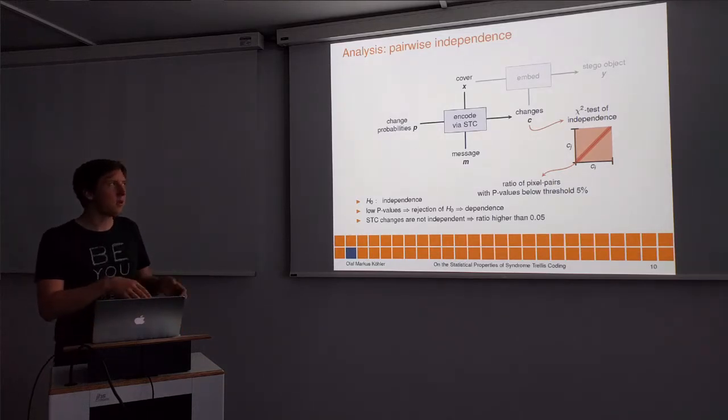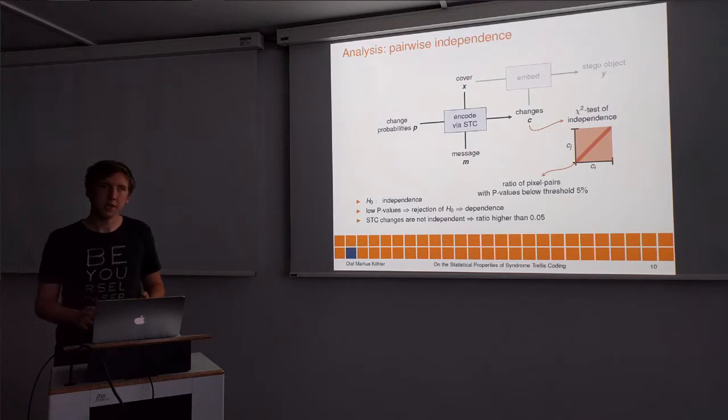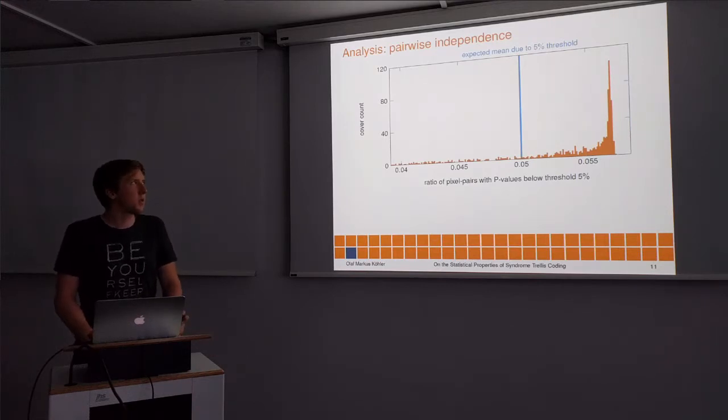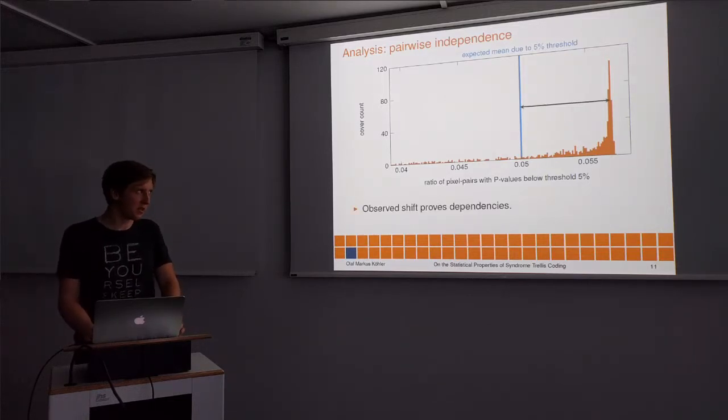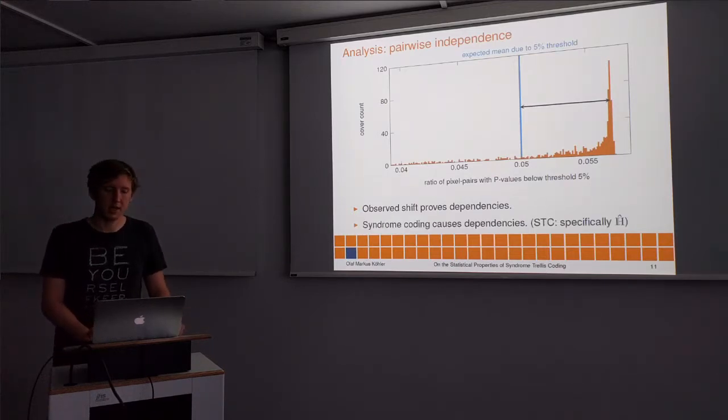As we did this over all of our covers, we have 1,000 covers, so we have 1,000 ratios, and we represent these ratios here in a histogram for all the covers. And what you can see is, well, our 0.05 would be the expectancy for the independent case, we obviously don't have that, we have this shift, and this proves the dependencies that we expected.